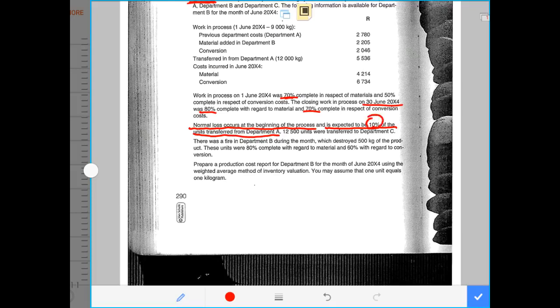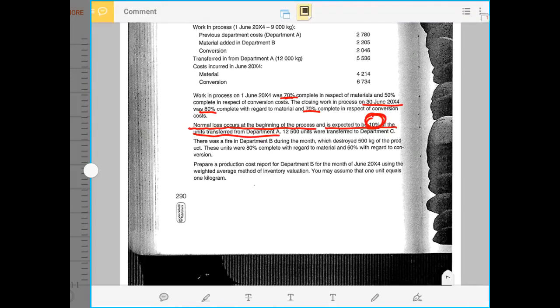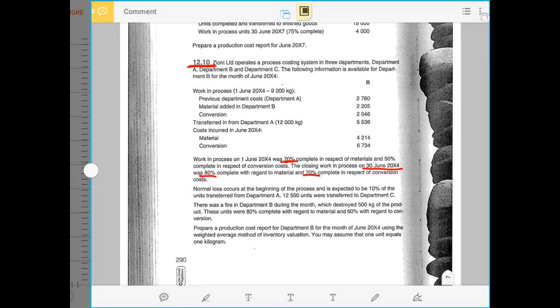That means 10% of the units that were transferred from Department A is a normal loss, because the units transferred from Department A are at the beginning of this process. That means the beginning of process B will be the units transferred from process A. So now 10% of that will be the expected loss, that means loss that is uncontrollable.